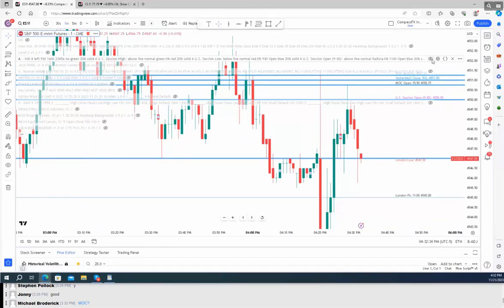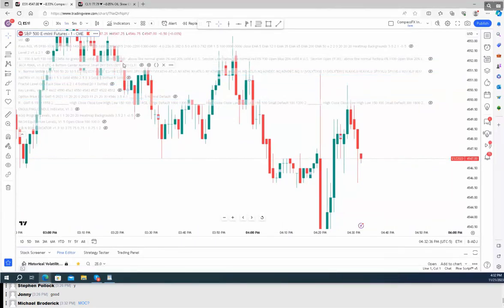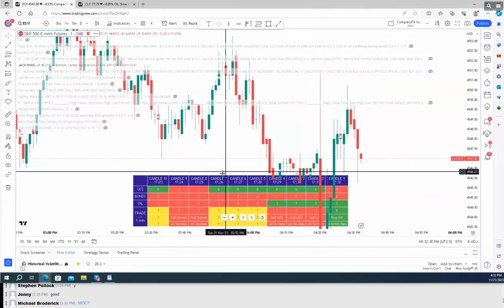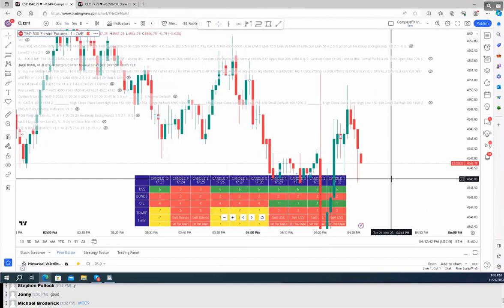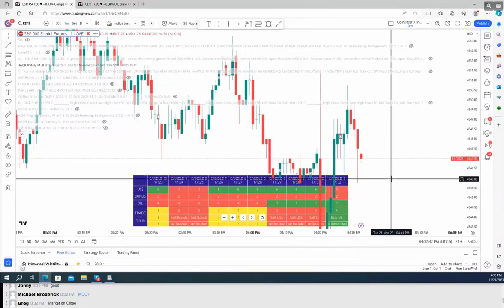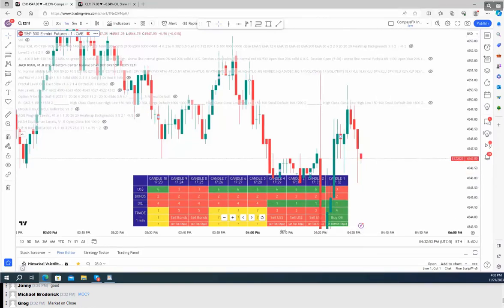The next one we have is the Jack Ryan. Now I had built this. Ray had done a class on this Jack Ryan, and he used a 15-minute chart. So I built it based on that class. If you refer back to it, I don't have the specific date of it, but the concepts are all the same.